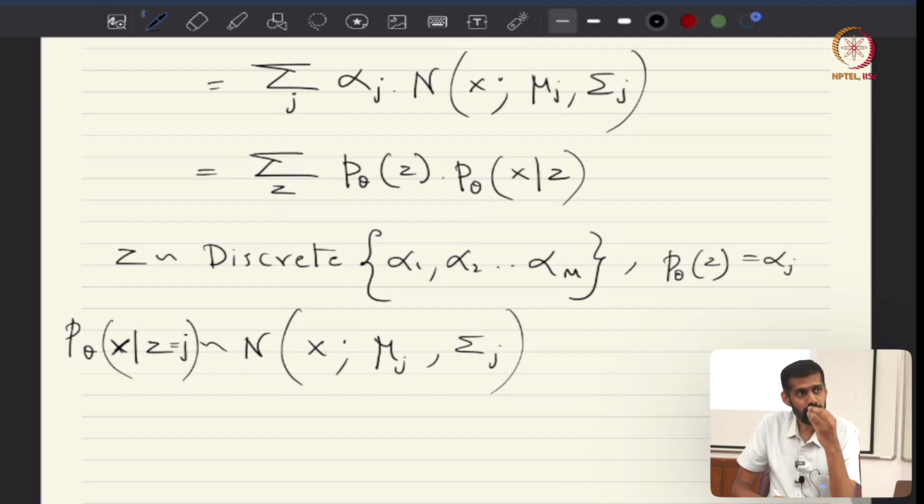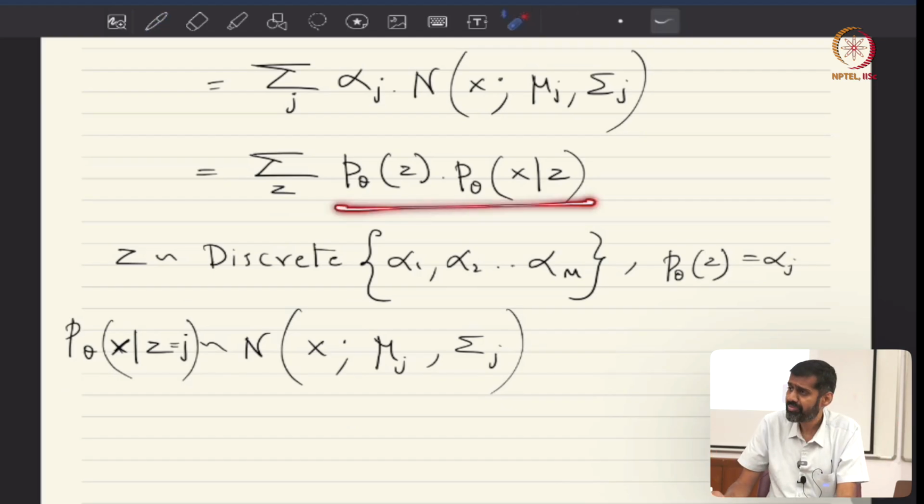Depending upon what face it turns out to be, you pick that particular Gaussian and then sample your x. That's what a GMM is doing. So if nature were generating data, and you assume that your data is generated according to a GMM, what is actually happening is this. Nature first rolls an M-faced die with probabilities alpha 1 through alpha m. Then some face comes up. Conditioned on that, you sample from that Gaussian, that's it. There are m such Gaussians. That's exactly what's happening here.